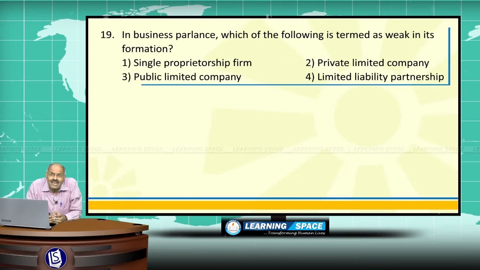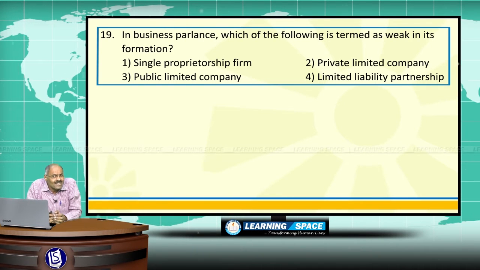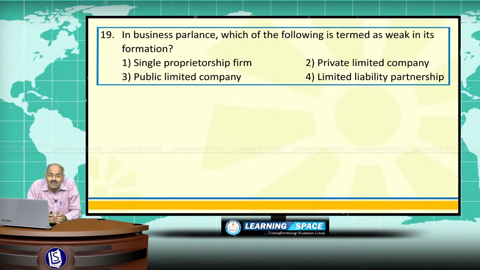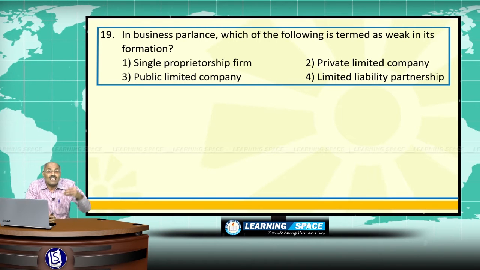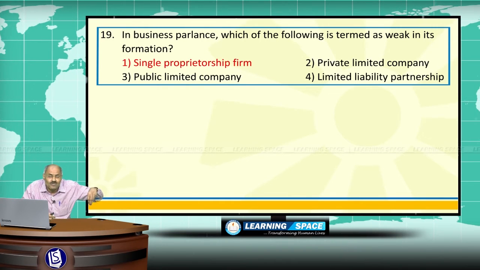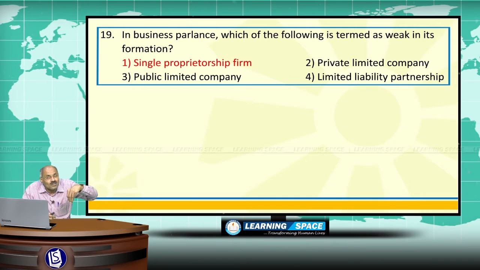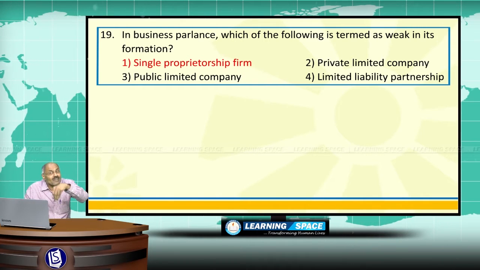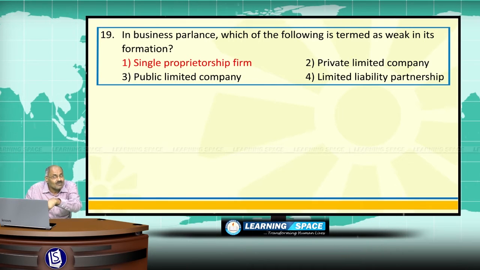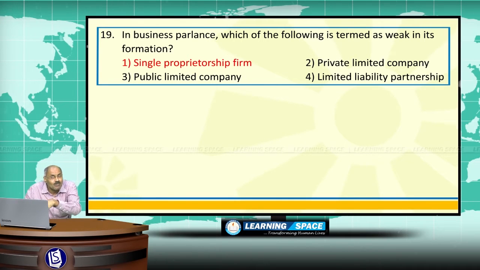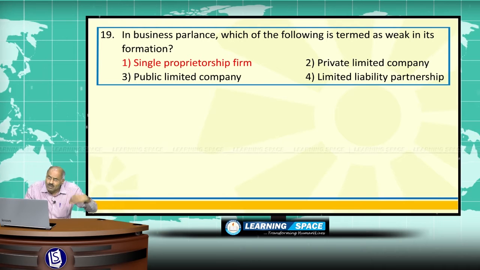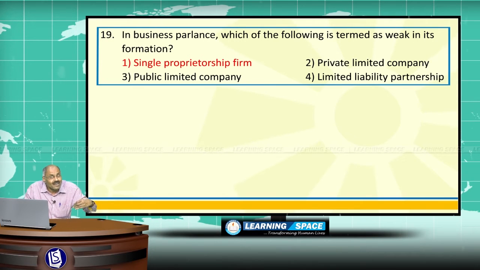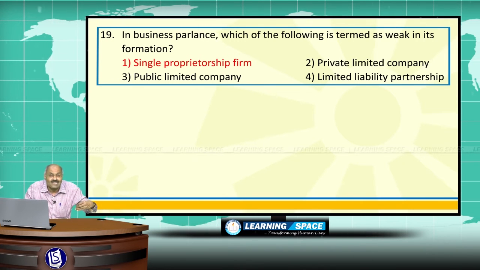In business parlance, which of the following is termed as weak in its formation? The weakest is the single proprietorship firm, then partnership firm. These two are the weakest entities, but private limited company, public limited company, limited liability partnership have to follow the rules and regulations of corporate governance in this country.